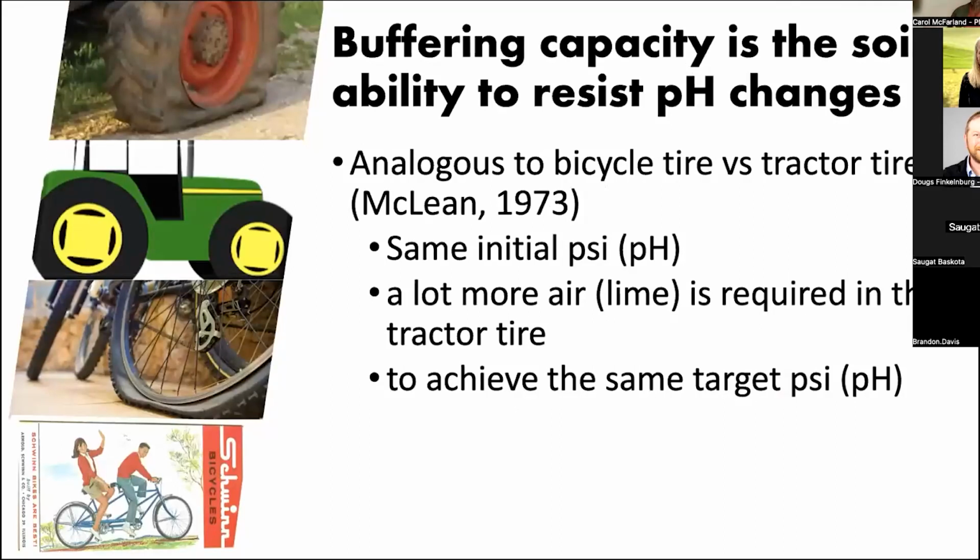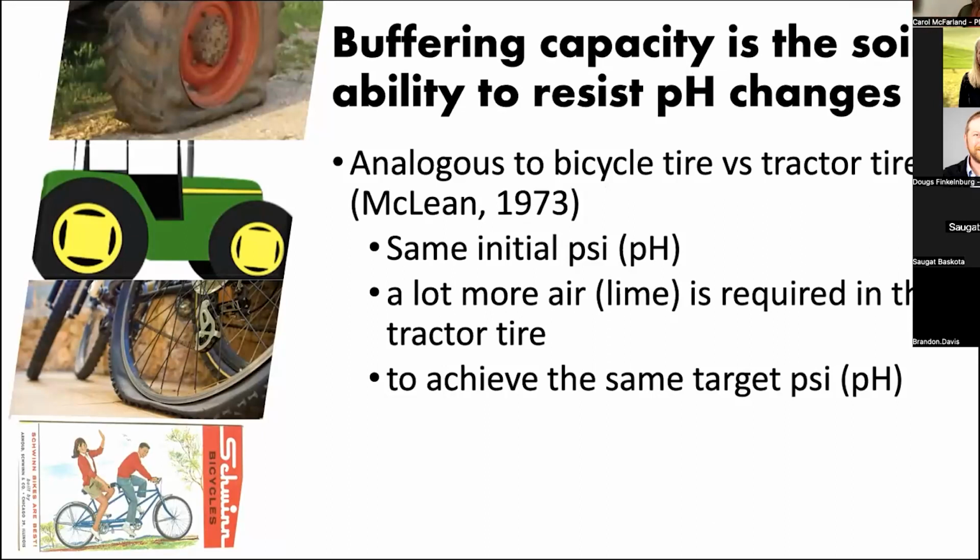This is one of my favorite analogies to buffer capacity. If you have two tires that you're supposed to fill to the same PSI, so that's your target PSI, you've got a tractor tire and you've got a bicycle tire. You're going to have to put a lot more air in the tractor tire in order to achieve the same target PSI as the bicycle tire.